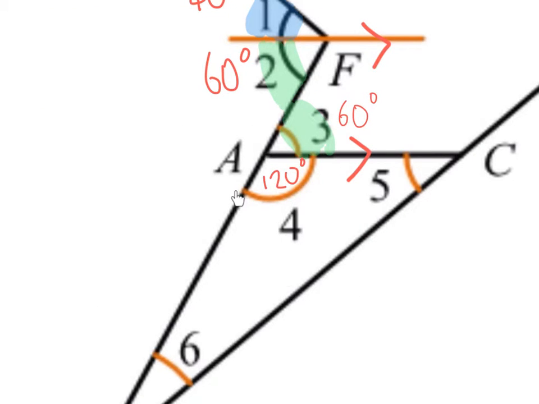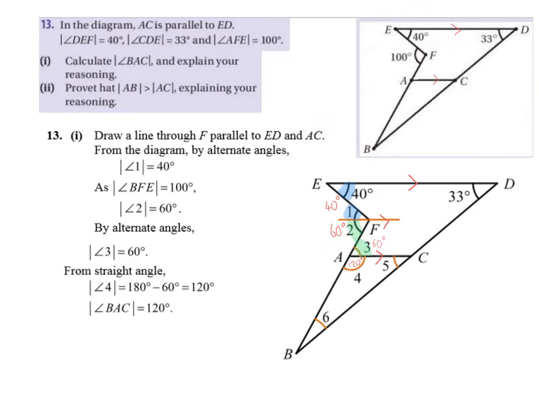Angle 4 is actually the angle BAC. We are asked to calculate BAC, explaining the reasoning. So if angle 4 is equal to 120 degrees, then angle BAC is equal to 120 degrees. And we've explained why.